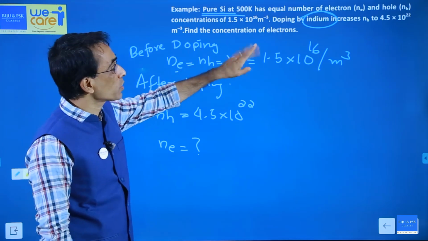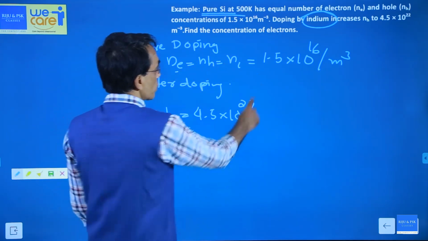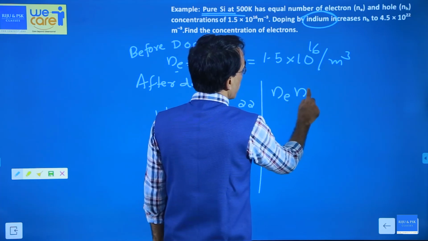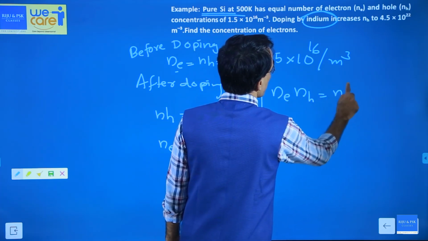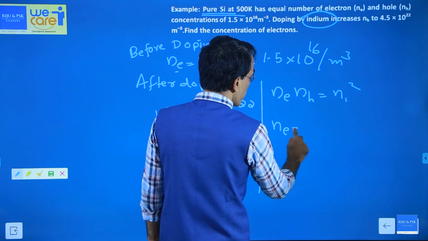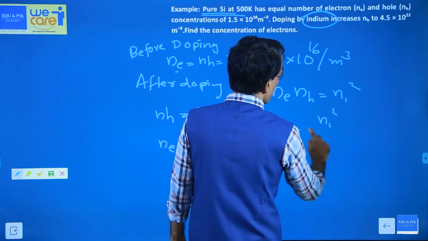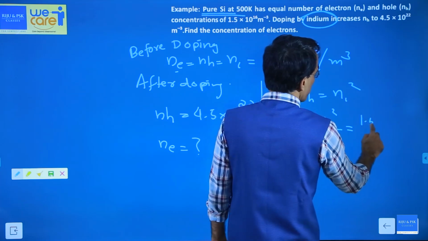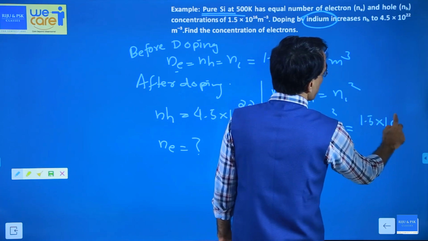Find the concentration of electrons. How to find out the concentration of electron? Use the equation Ne Nh equal to Ni square. So if you want the new value of Ne, simply take Ni square divided by Nh. What was Ni? It was 1.5 into 10 to the power 16.